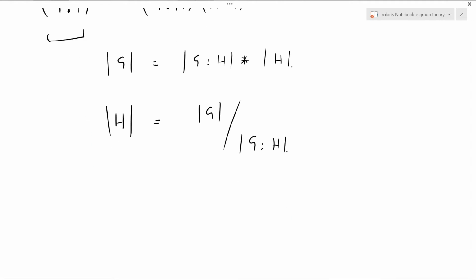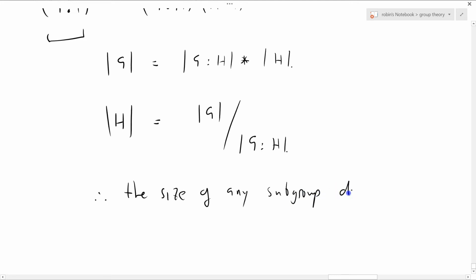Okay, and therefore the size of any subgroup divides the size of the group.